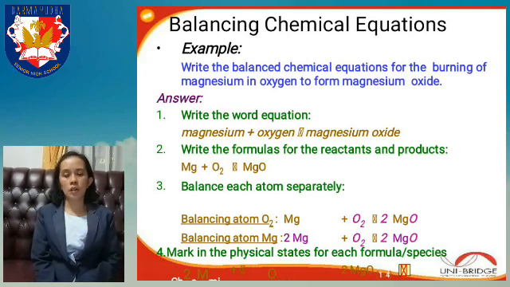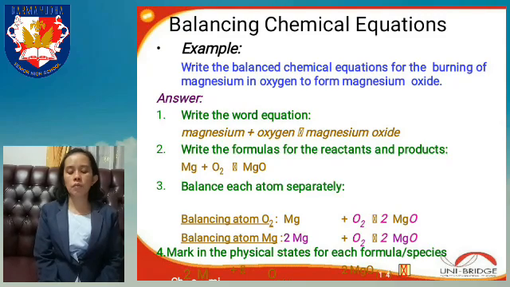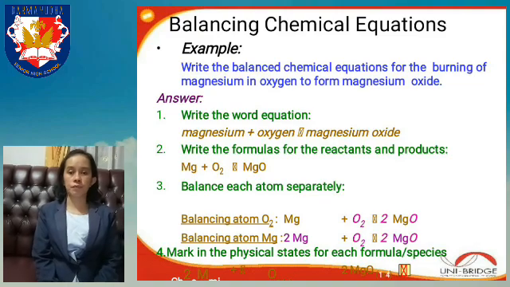The result of balancing is 2 Mg plus O2 to become 2 MgO. Then, after you balance the chemical equation, you need to write down the physical state for each formula, whether it is solid, liquid, gas, or aqueous.